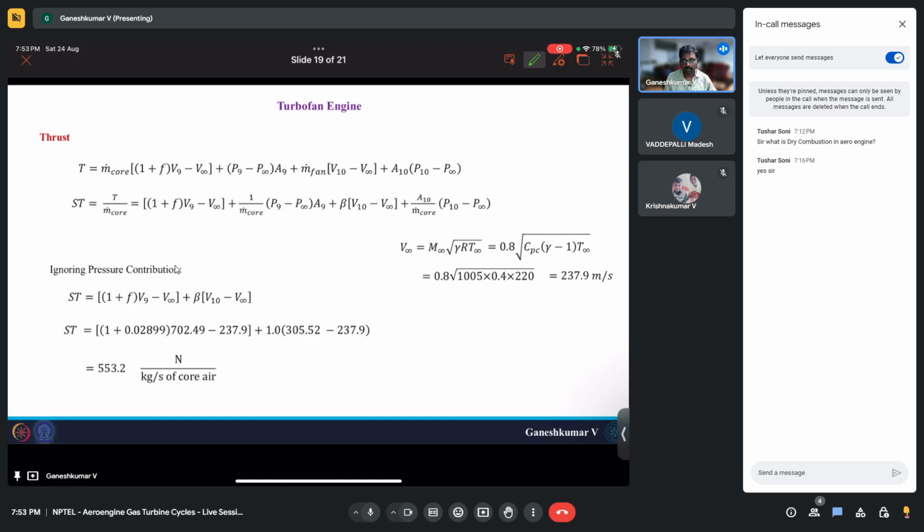Going forward in upcoming weeks, we will be doing dual spool, both in the lectures and also here next week. And also going forward, we'll be doing geared turbofan, and there we will address additional changes that we need to do while doing these calculations.